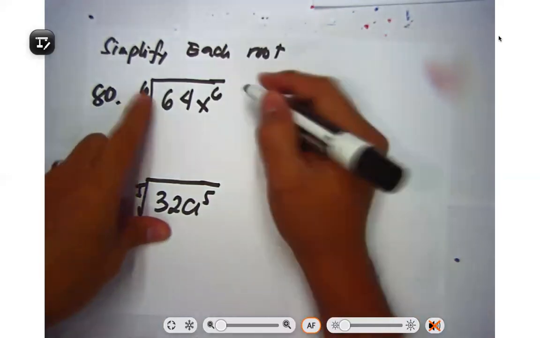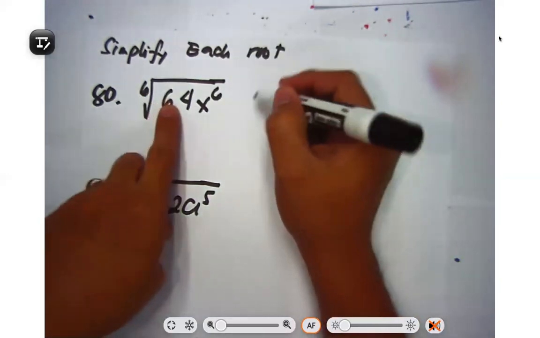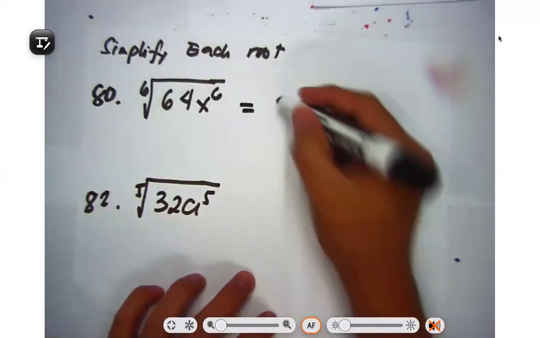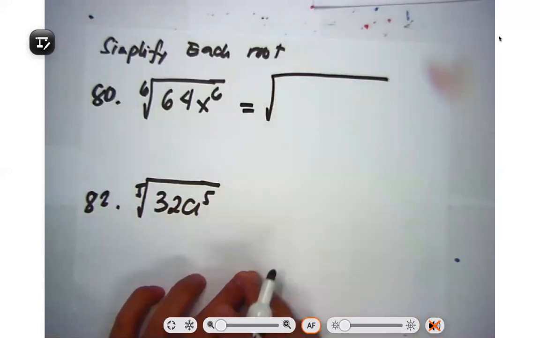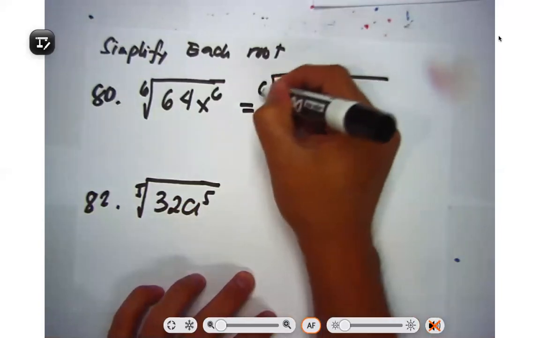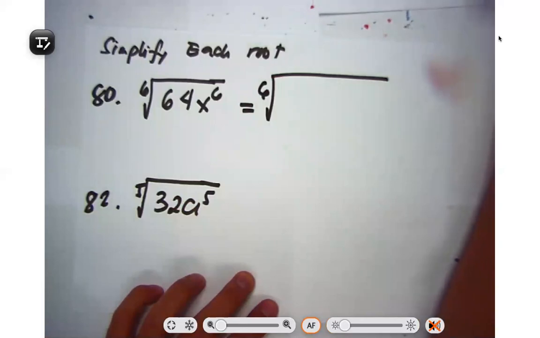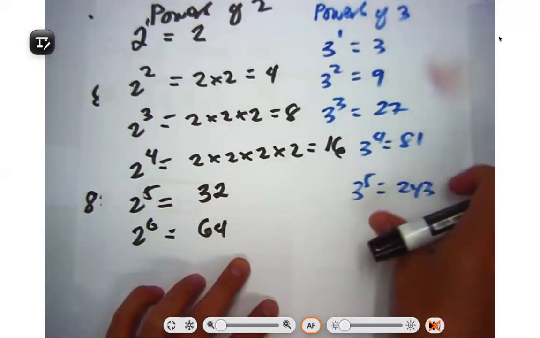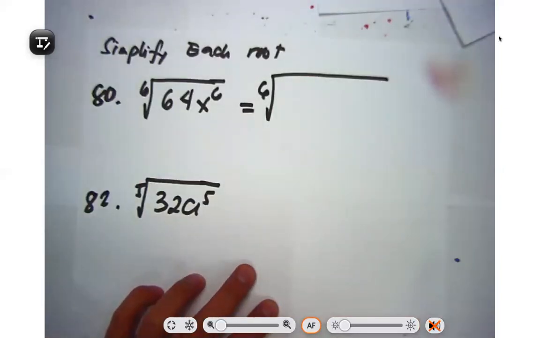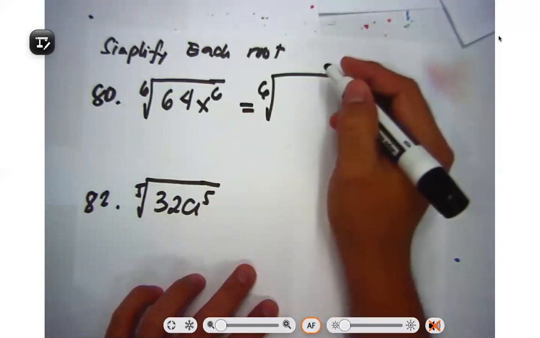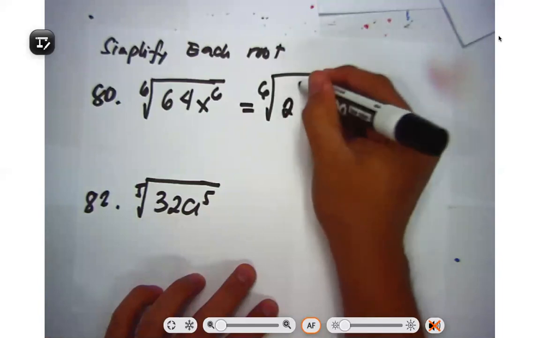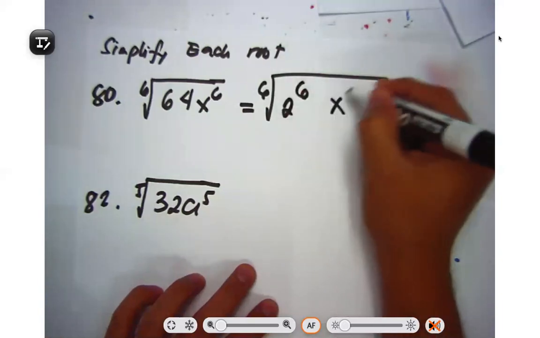So what's it? Sixth root of 64x raised to 6. You can express this in exponential form, the radicand 64. We encountered it a while ago, right? 64 is the same as 2 raised to 6. You multiply 2 6 times, you get 64. So you have 2 raised to 6, x raised to 6.